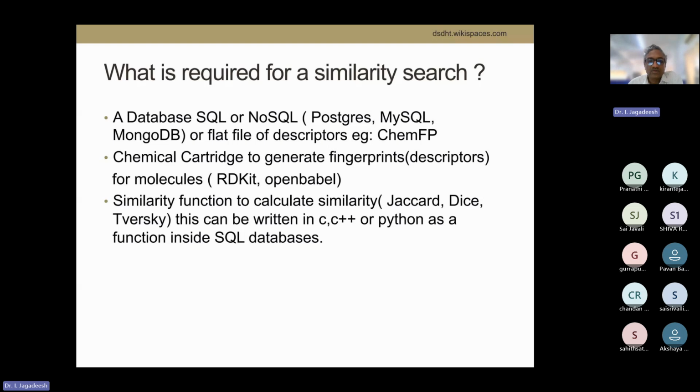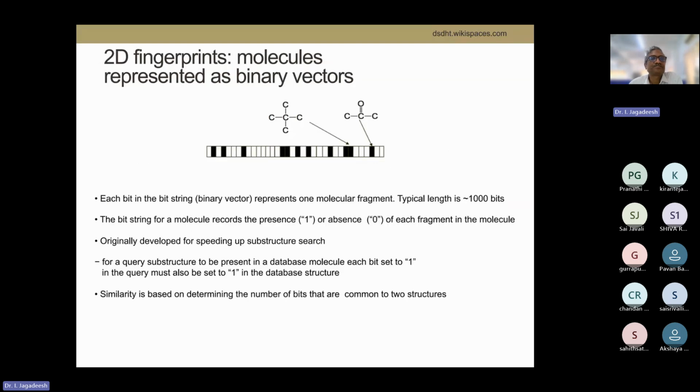So inside the SQL database, in those cases, we can apply multiple structures at the different descriptor levels with the file types. The file type may be, as we have already seen, key types, or we are going to have mol files, depending upon what type of similarity we are going to see.